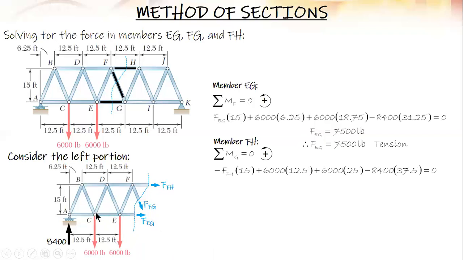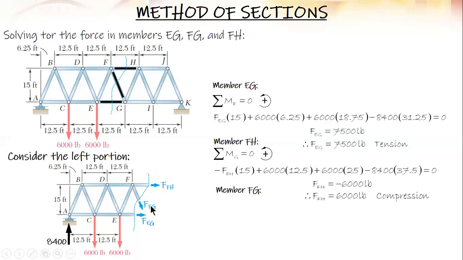Another 6,000, distance is 25. And then minus 8,4 for the distance is 37.5. Simplify. You have the force of FH equal to negative 6,000. Therefore, in compression ang member FH.